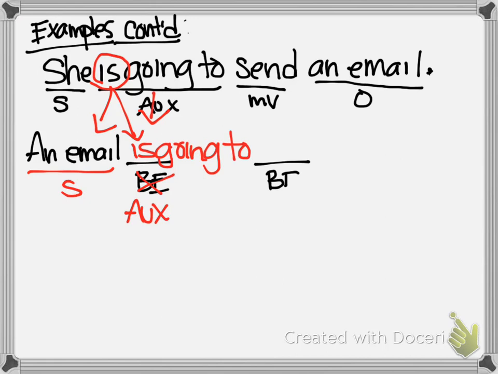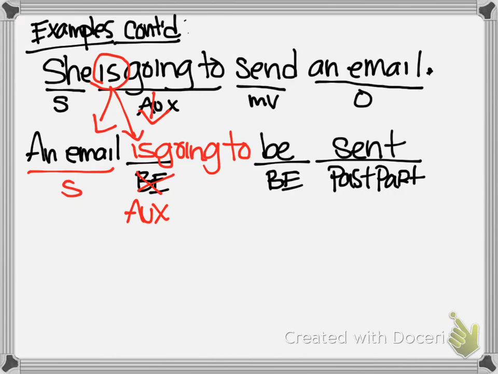I can put my be verb, and then I can put my main verb here, my past participle. Okay, so is going to be sent, and that's the end right there. Okay, so we have our answer: an email is going to be sent.